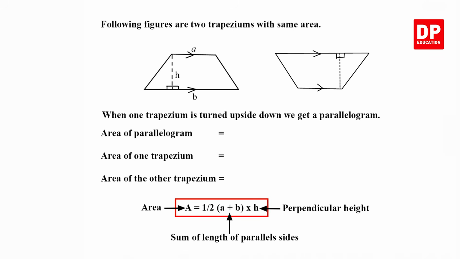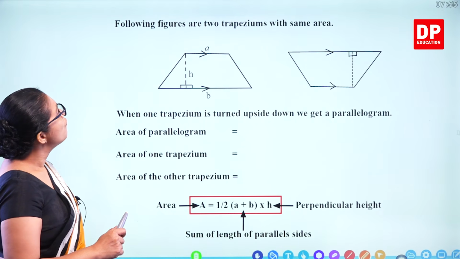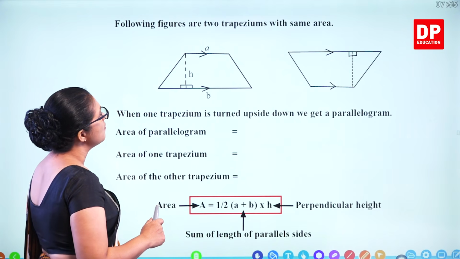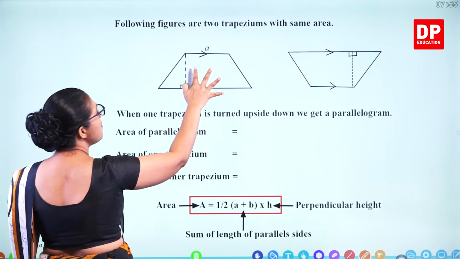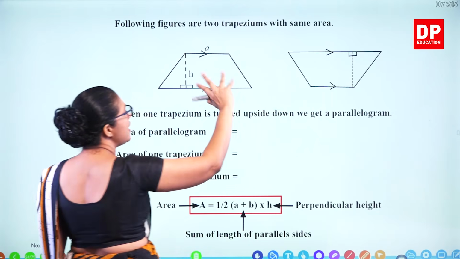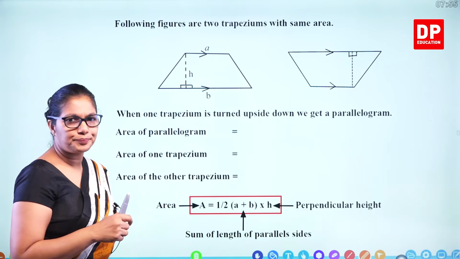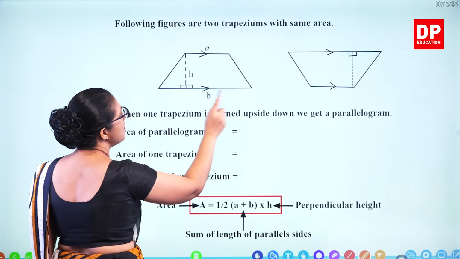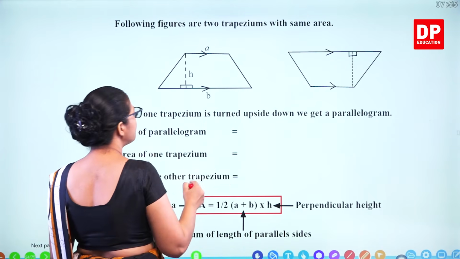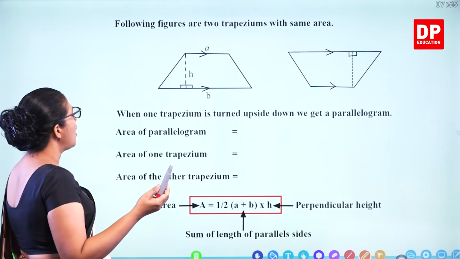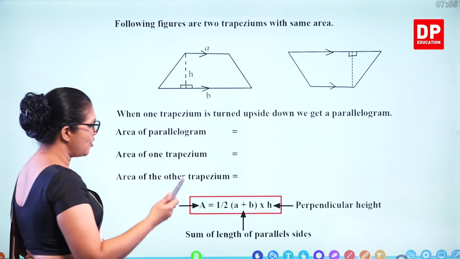So how do we find out the area of a trapezium? So the following figures are two trapeziums with the same area. So what I did, I took the same trapezium and put it upside down. So this length B is the same as here and this length is A. So what I am trying to do is connect these two.